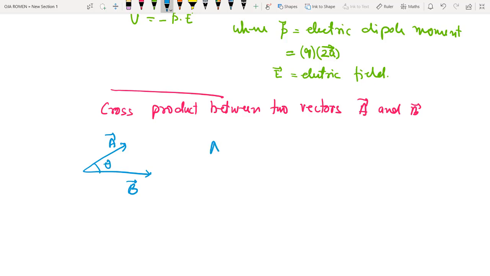Then A cross B is magnitude of A, magnitude of B, sine of the angle between the two vectors, and a unit vector n.